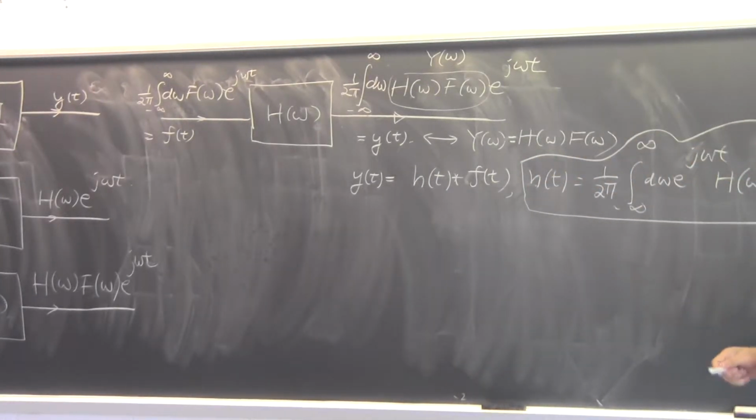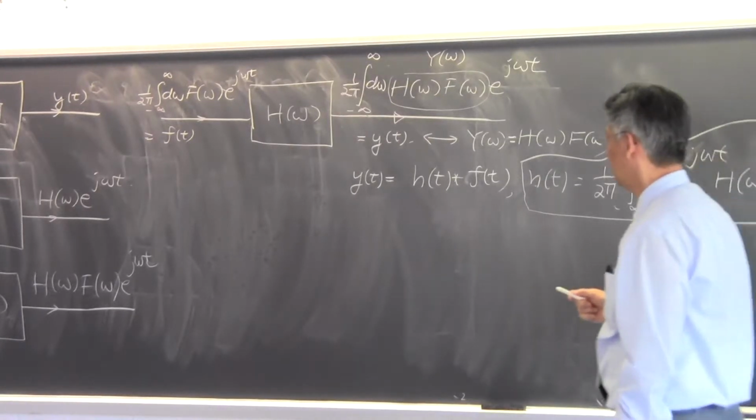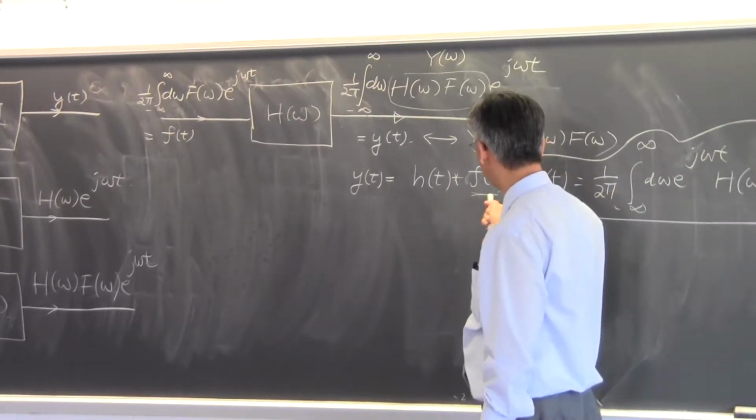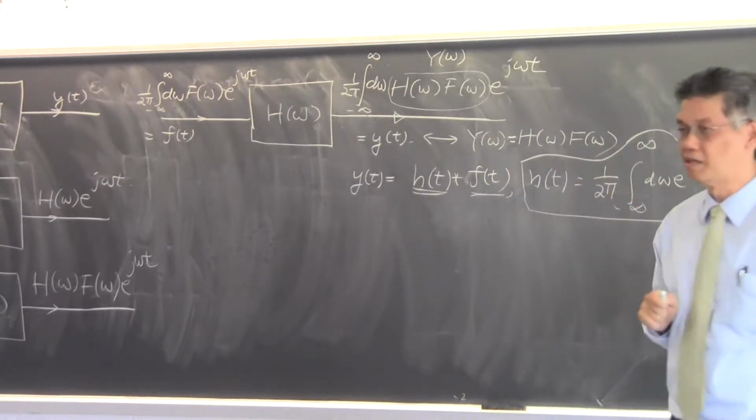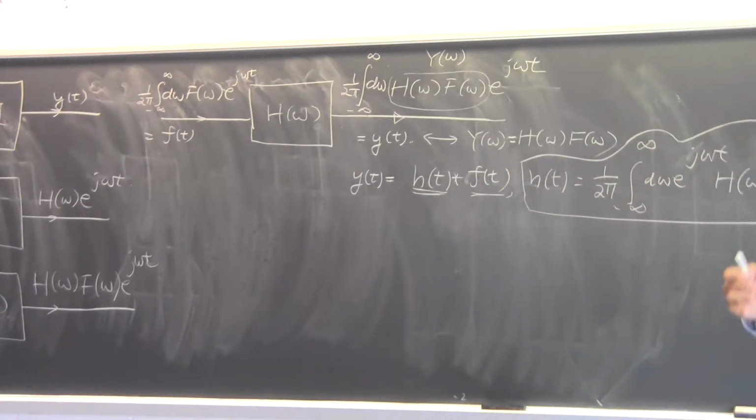The output of this system is just equal to the convolution of the input with what I usually call the impulse response or system response. H of t has a special meaning here. It is just the Fourier transform of the frequency response. This is the deeper meaning of convolution.